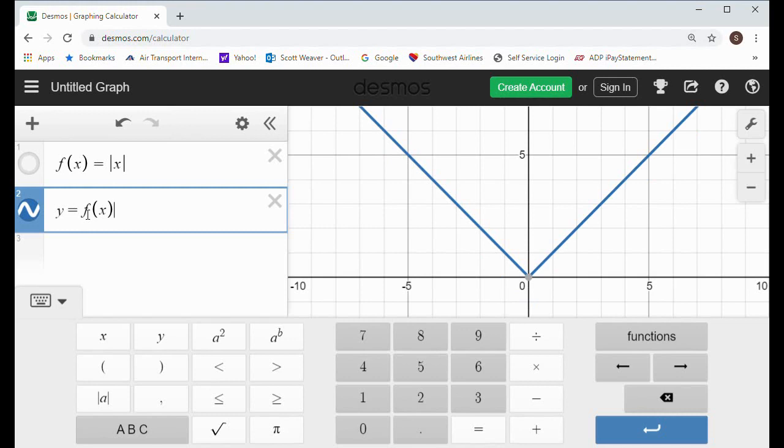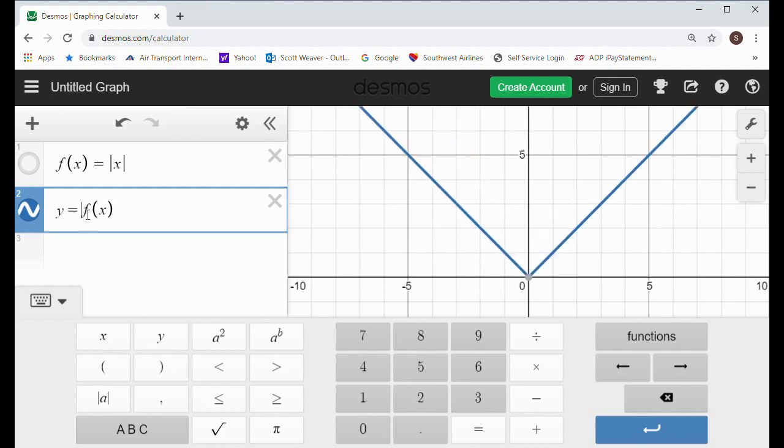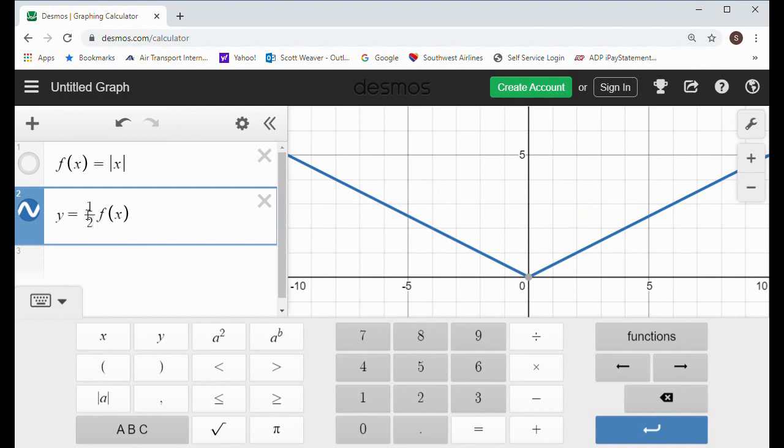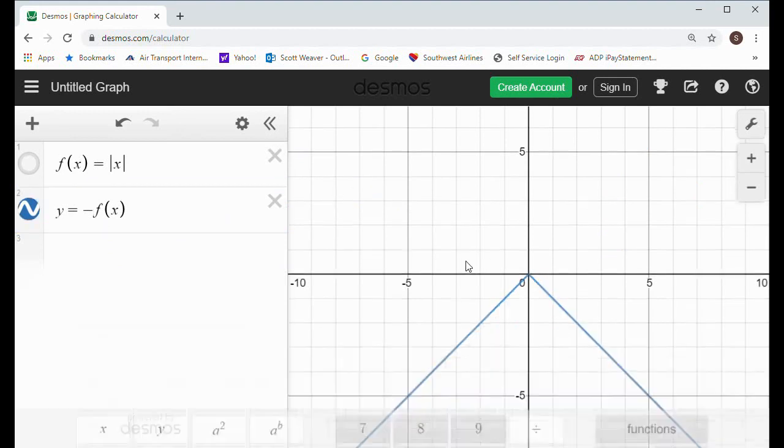Now, look at what happens if there's a factor in front. If it becomes 2f of x, then that stretches it away from the x-axis. If it's 1/2, then that compresses it towards the x-axis. Notice that now it takes twice as long to get that high. But now, if there's a negative in front, then the whole graph becomes the opposite.